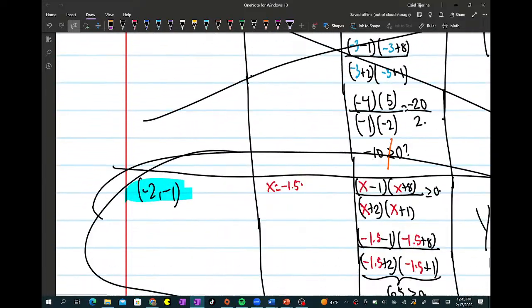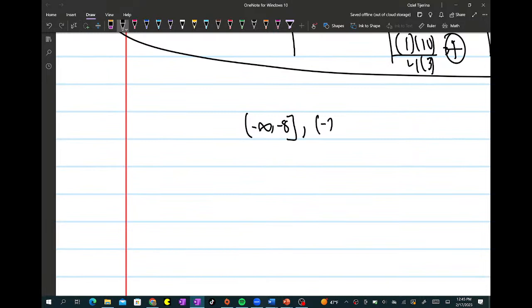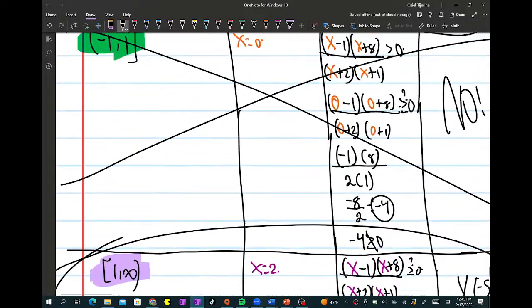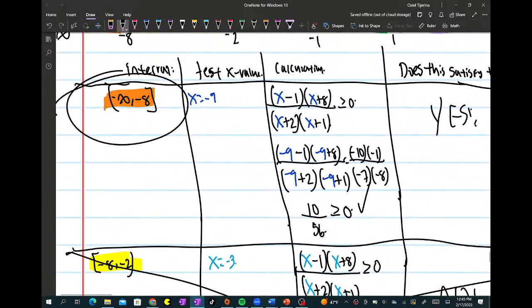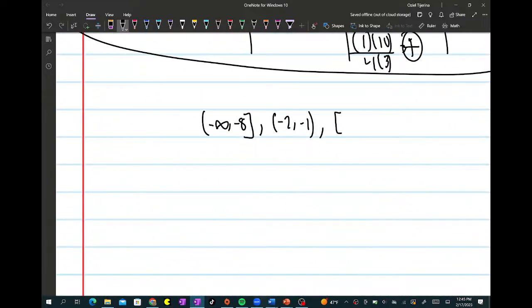Negative 2 to negative 1. So that's parentheses, negative 2, comma, negative 1, close parentheses. And then the last one would be bracket 1 to infinity.